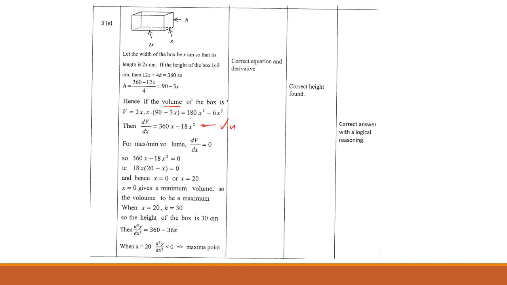Correct height found, so correct height in here got you your merit. Correct answer, the logical reasoning. So where does that come in? It's probably going to come down to you proving the maximum and having decent working and following through there. But hopefully mine will satisfy that.